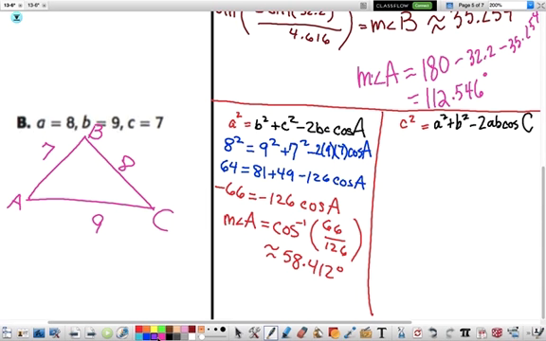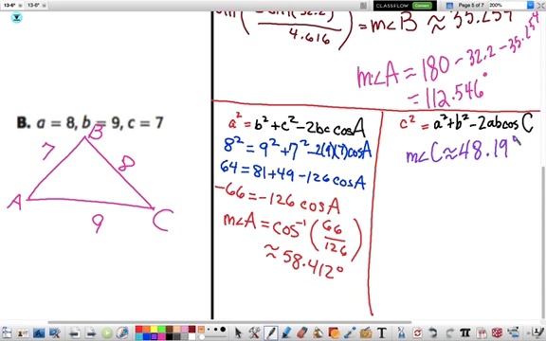Yep, 48.189, so 48.19. Did I just see some hands who got that?